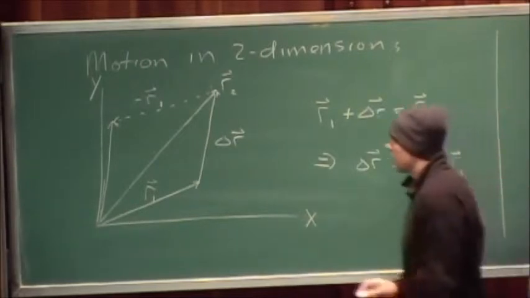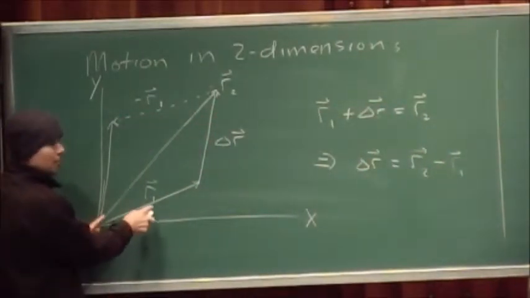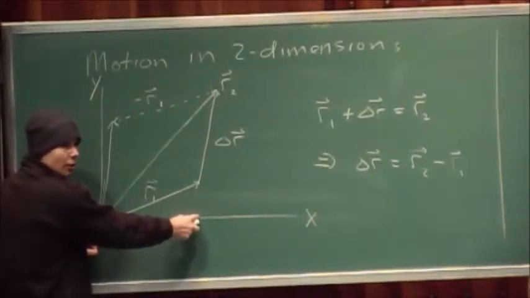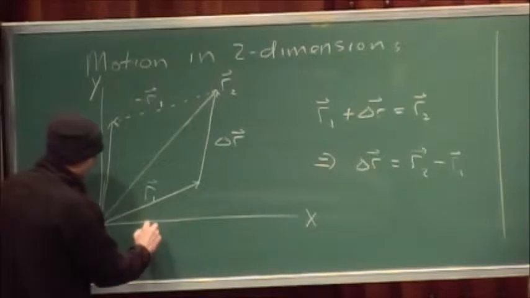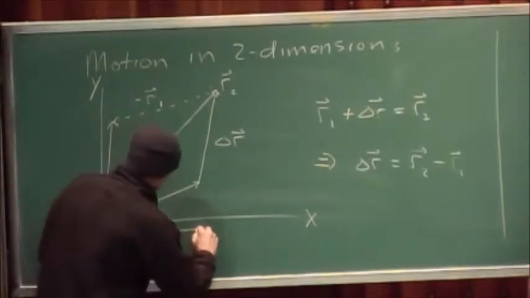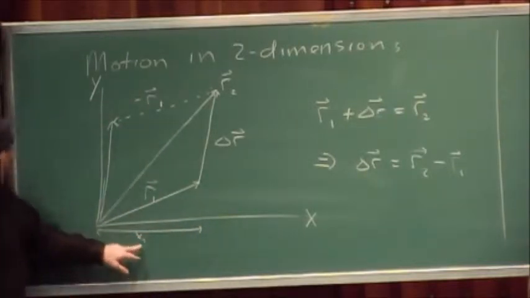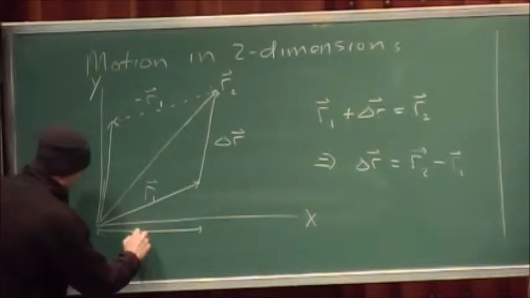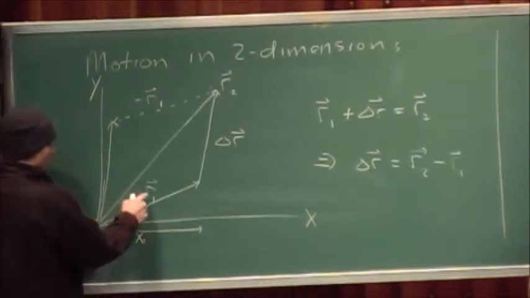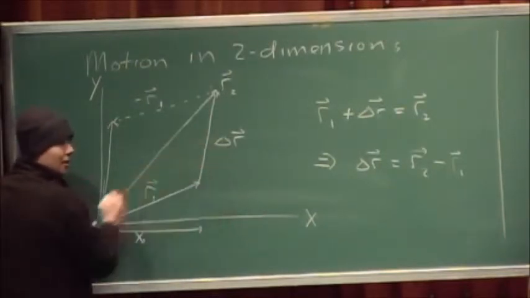Now, if I were to look at this, and I say, okay, what is the component of R1 along the x-axis? We call that x1. I'm just going to draw that out here for a moment. So x1 is the component of R1 along the x-axis. And what is delta R?